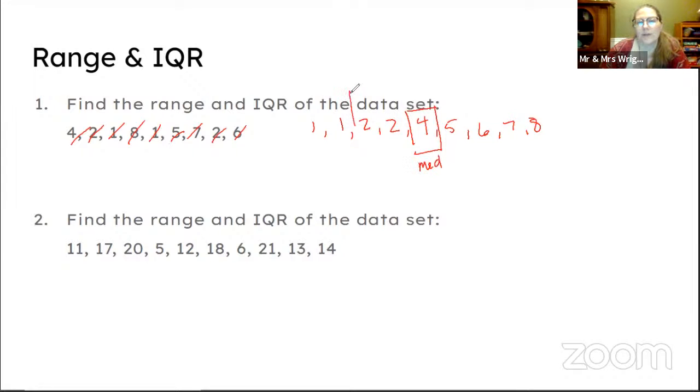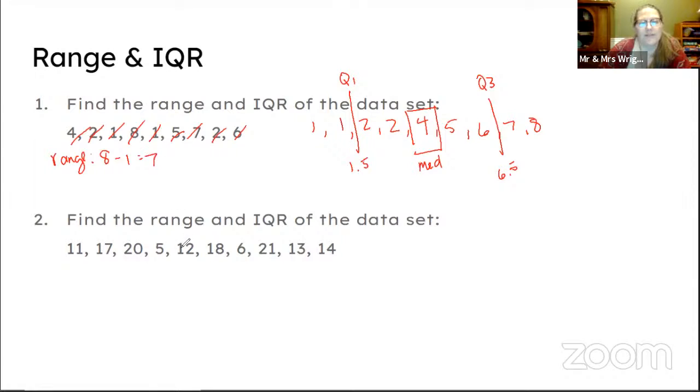So then my quartile 1 is going to be in between these two. So it's going to be 1.5, and quartile 3 is going to be in between these two. So it's 6.5. The range is going to be my maximum, which is 8, minus my minimum, which is 1.